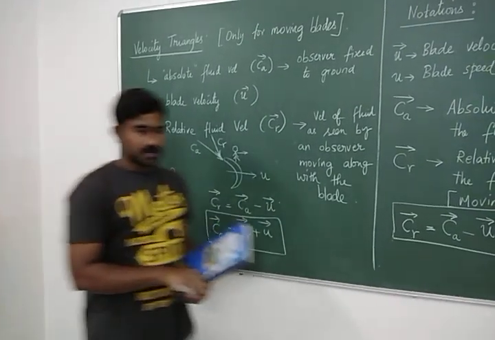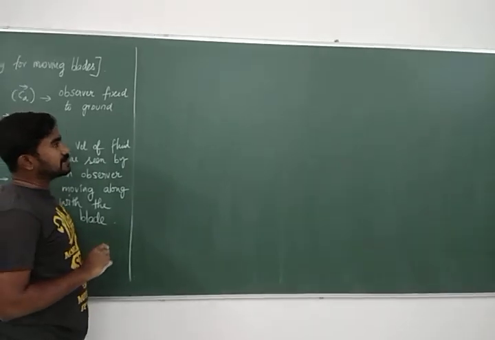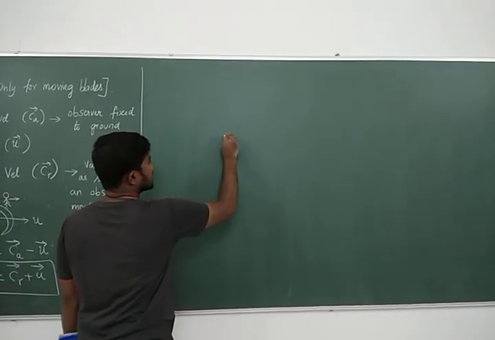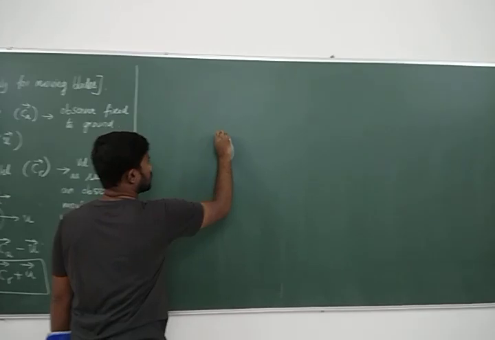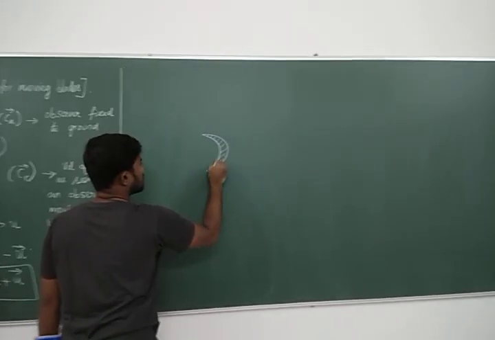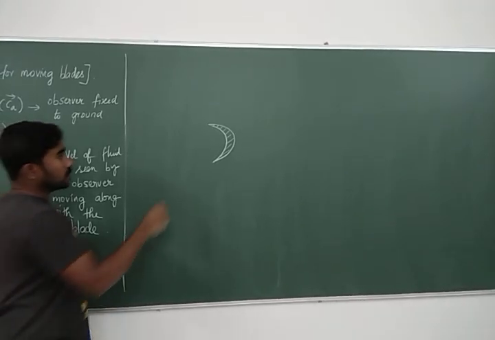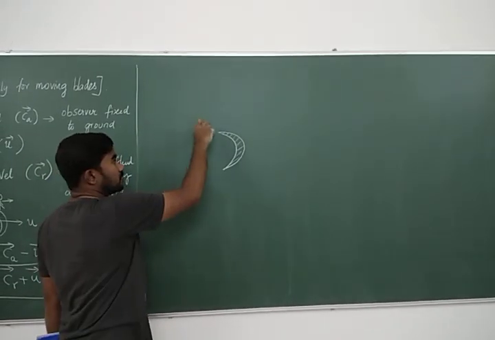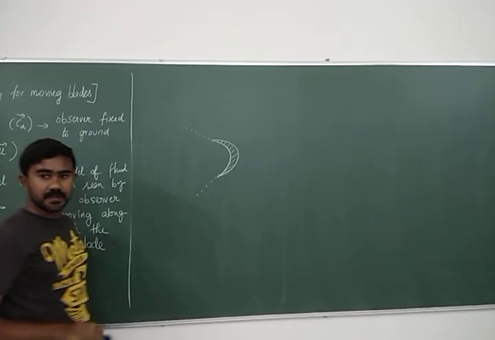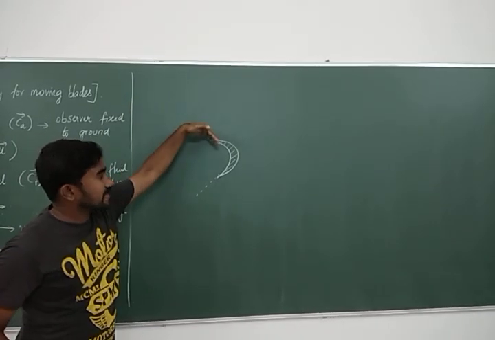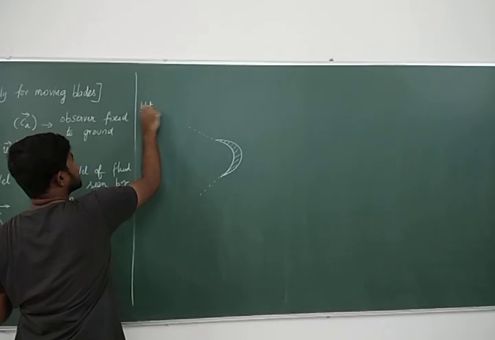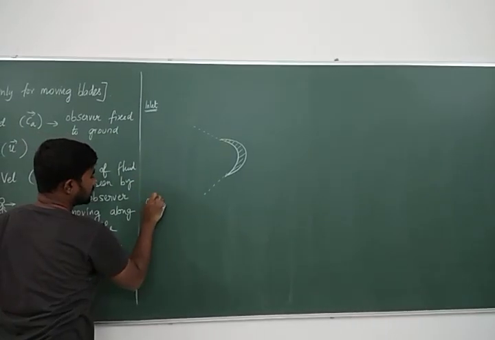Are you there? Now let us plot the velocity triangles again for an impulse steam turbine. This is the moving blade. Now for smooth entry, which vector should be along the blade angle? If the blade is at this angle, this is the inlet velocity triangle, this is the outlet velocity triangle.